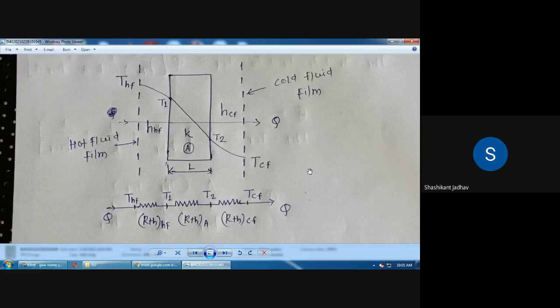What is the temperature range for the left hand liquid, that is the hot fluid? That is THF and T1. For the metal surface, the temperature range is T1 to T2. And for the cold fluid, the temperature range is T2 and TCF. Okay, so in this way we have to draw the resistor diagram or resistance diagram.